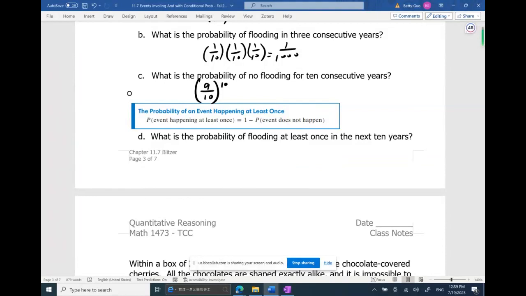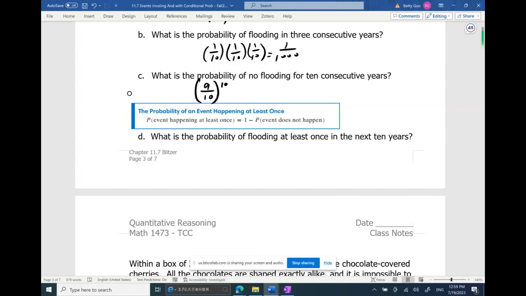So part D, what's the probability of flooding at least once in the next 10 years? If we did not have the formula in the box above part D, then we would consider the event that over the 10 years, the flood happens at least one time. That's going to be very complicated, right? Because over the 10 years, flooding at least once includes exactly once, and exactly once could be any one of the 10 years.